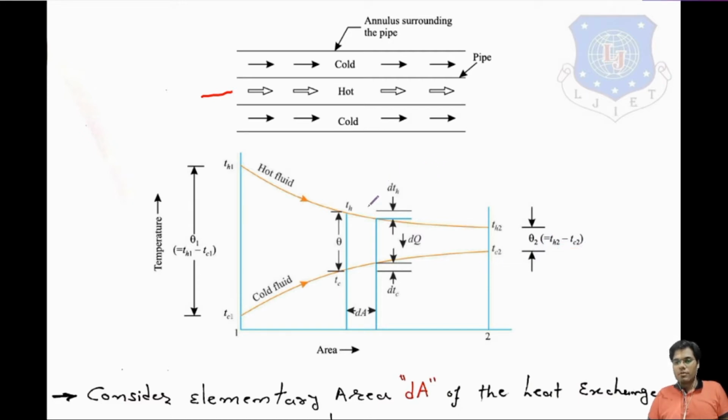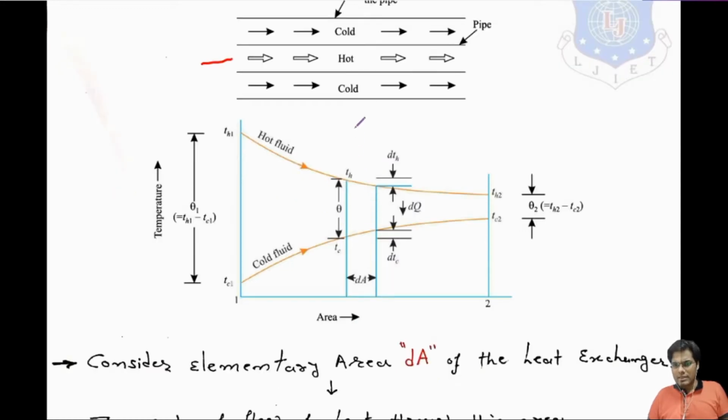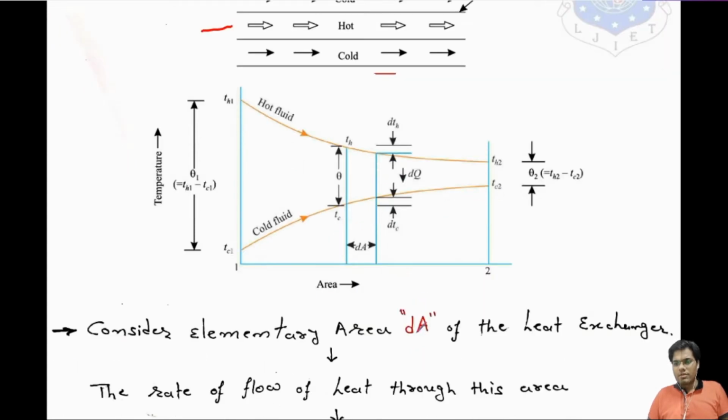Now to derive the LMTD equation for the parallel flow heat exchanger, let us consider a small element in this heat exchanger. This is our elementary area, which we have considered as area dA of the heat exchanger.